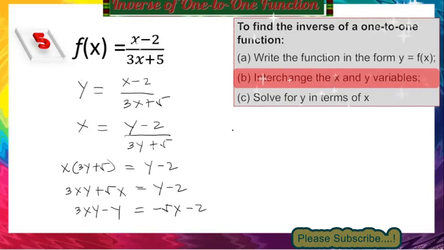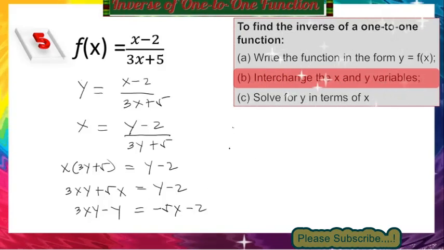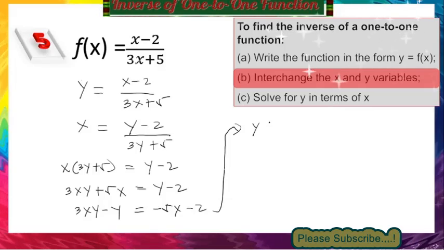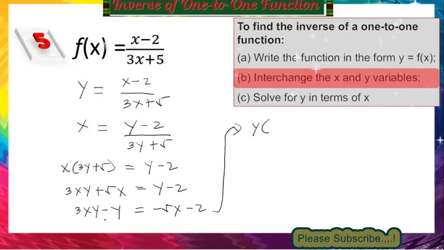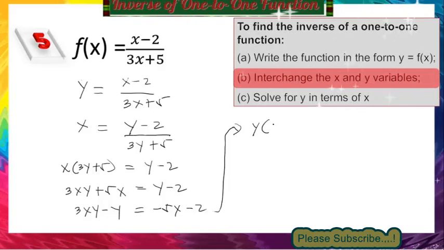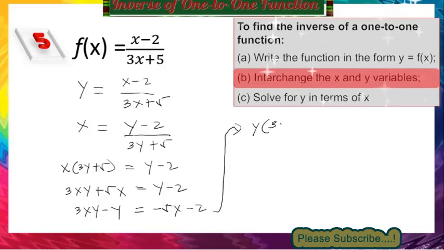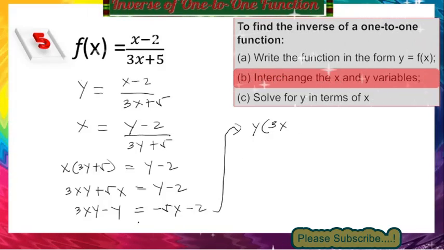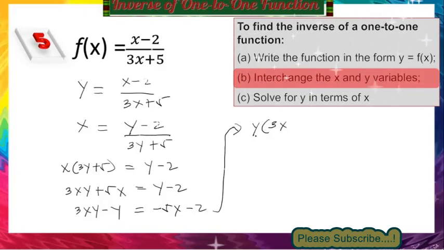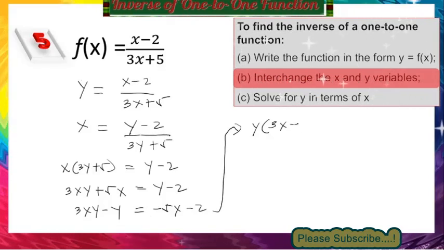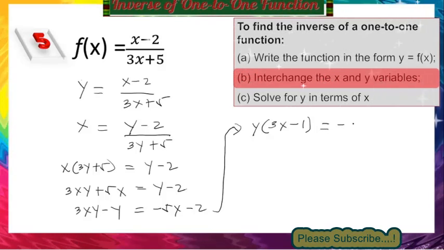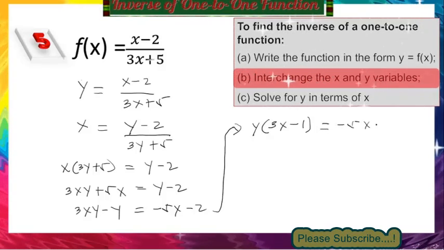Then after that, we will find the common factor. The common factor there is y. So 3xy divided by y, the result is 3x. Then negative y divided by y, that is negative 1, equals negative 5x minus 2.